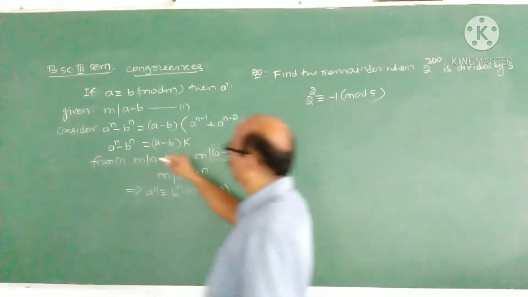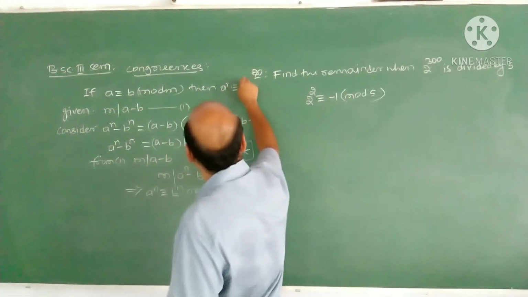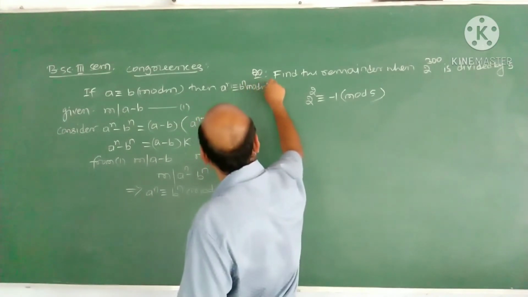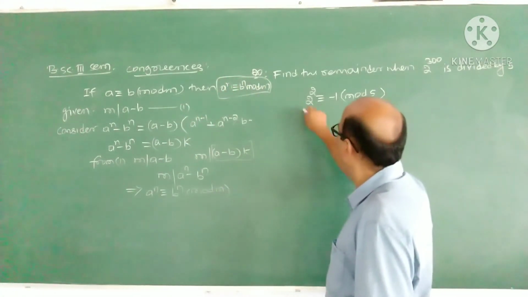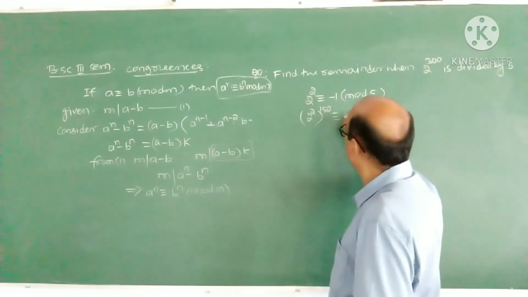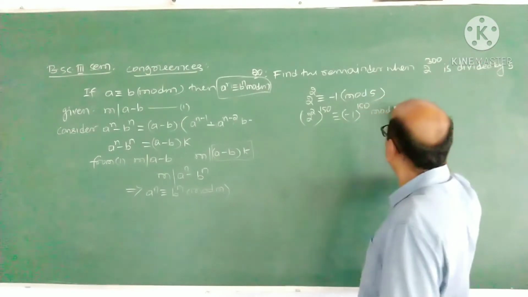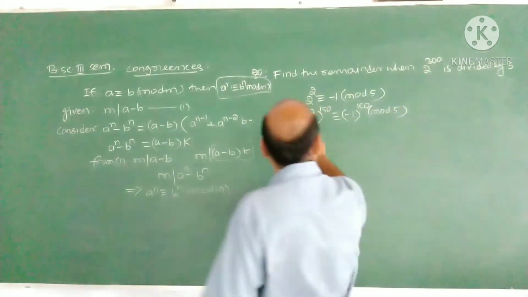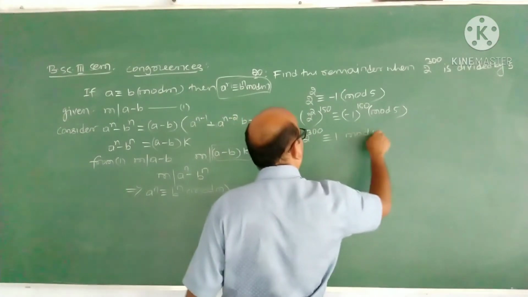Now using this property, a raised to n is congruent to b raised to n mod m, we consider 2 square raised to 150 is congruent to minus 1 raised to 150 mod 5. Therefore 2 raised to 300 is congruent to 1 mod 5.